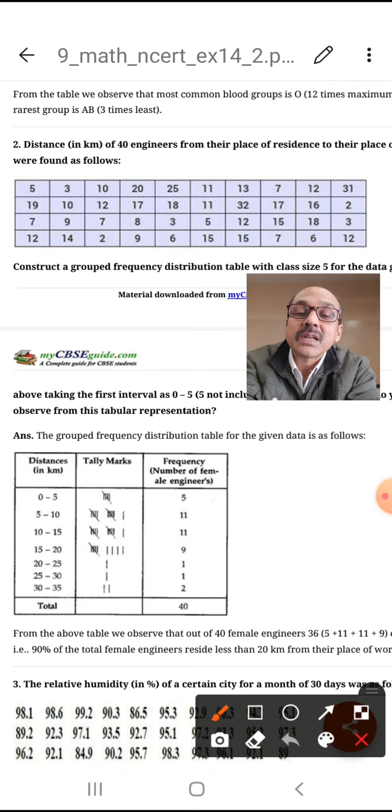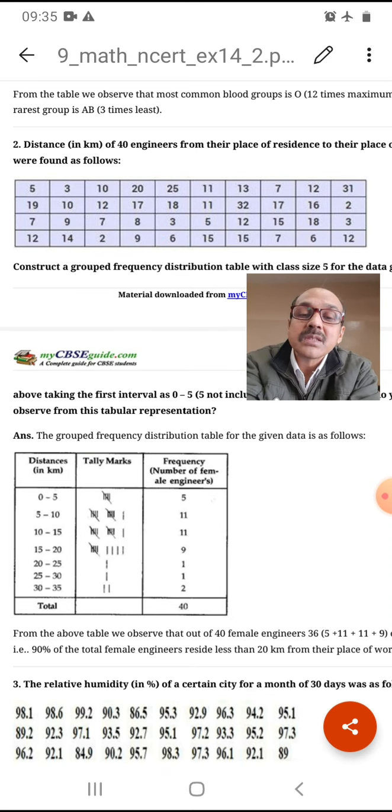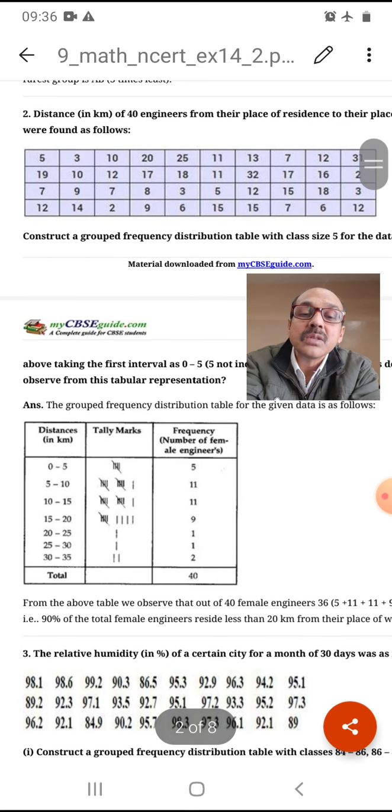So 5 you cannot take, 3 you can take, then 10, 12, 7, 2 can take from 0 to 5, 9 cannot take, then 3, okay, then 2, then 3. So 1, 2, 3, 4, 5. So the frequency is 5 between 0 to 5.